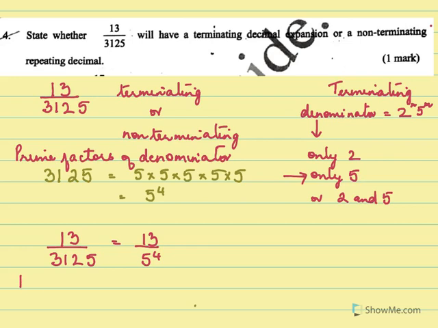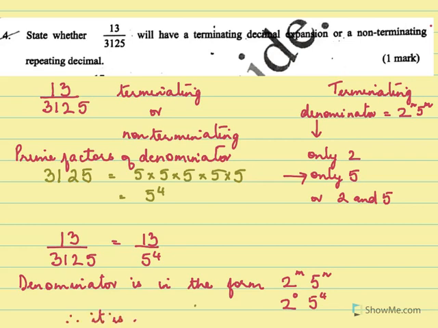So we can write the denominator is in the form 2 raised to m, and means it is 2 raised to 0. There are no 2's there, and there are 4 5's. Therefore, it is terminating.